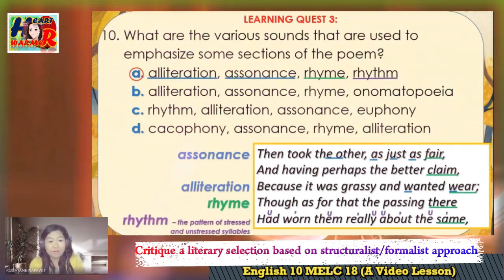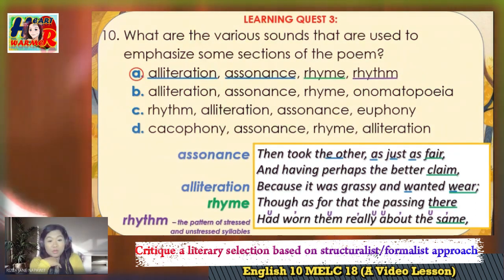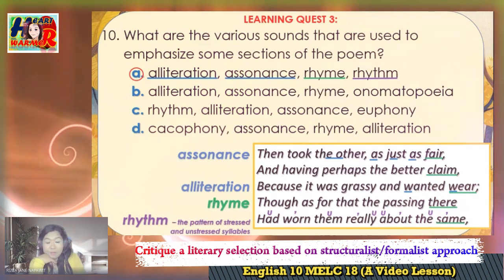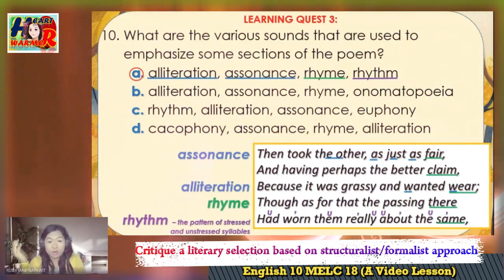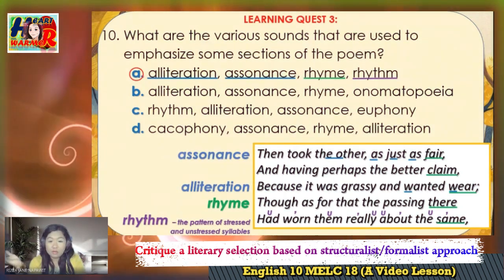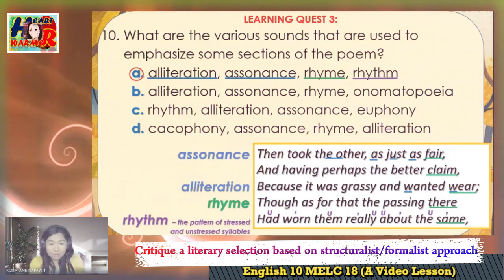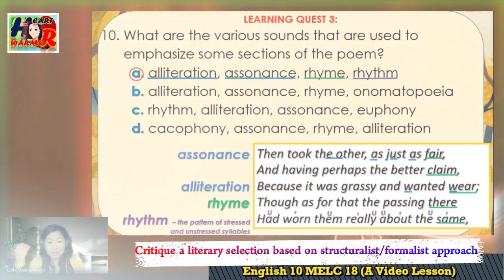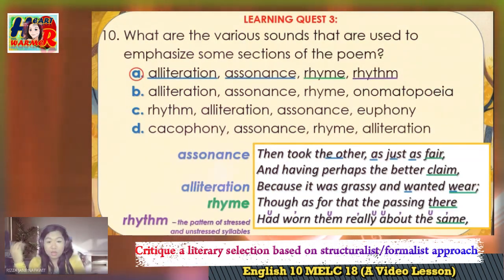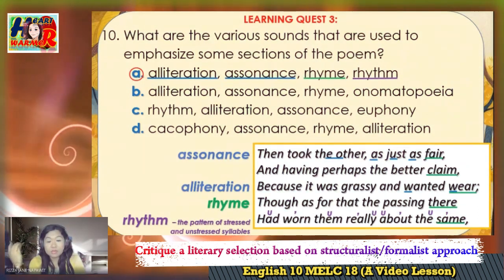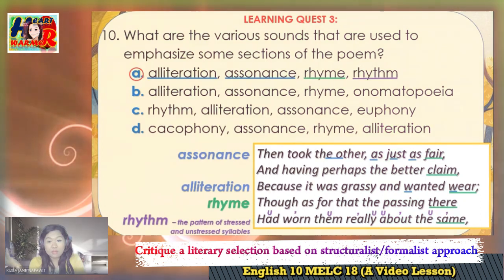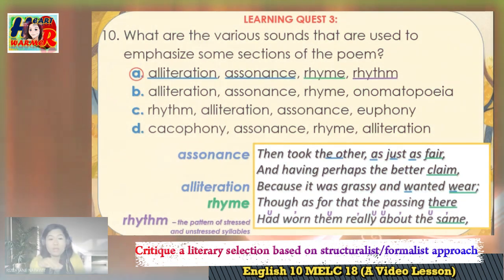And finally, we have rhythm. When you say rhythm, it is the pattern of stressed and unstressed syllables in a certain line. For example, "had," unstressed syllable; "warned," stressed syllable; "them," unstressed; "re," stressed; "ally," unstressed; "about," stressed; "the," unstressed; "same," stressed. So there's a certain pattern.